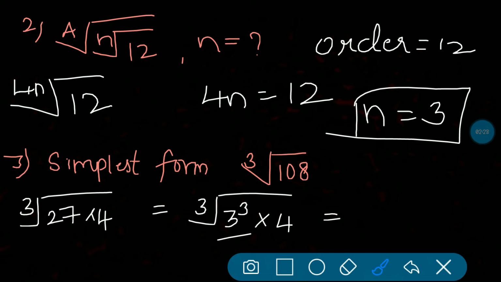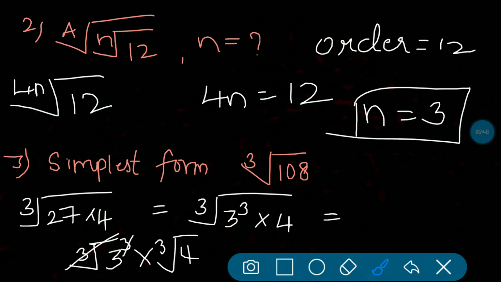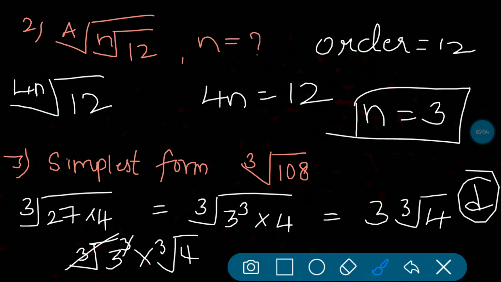Now you can just take the 3 outside, because cube root of 3 cube multiplied by 4 can be written as cube root of 3 cube multiplied by cube root of 4. Now here cube and cube root will get cancelled. So 3 into cube root of 4. Clear? This is the answer. This is option D for the third one and option A for the second one. Clear?